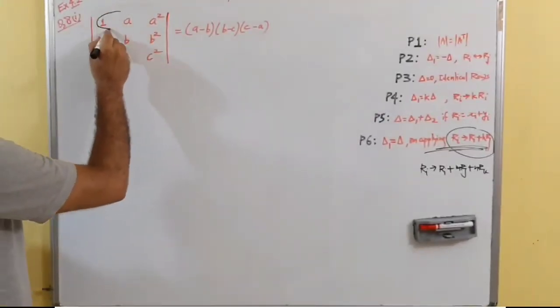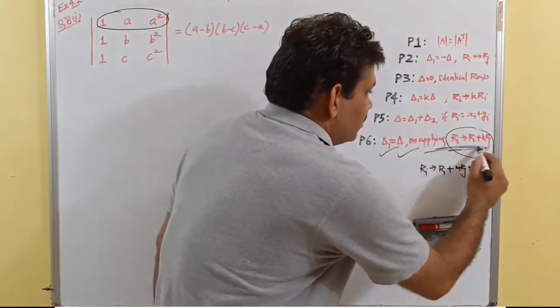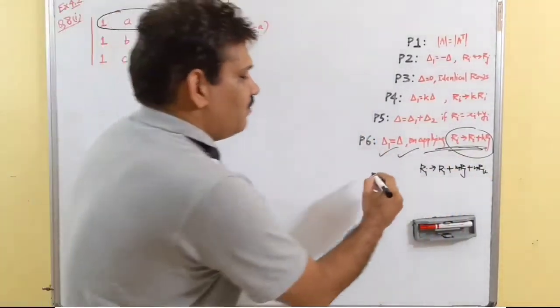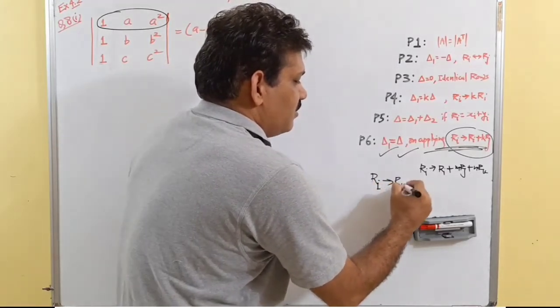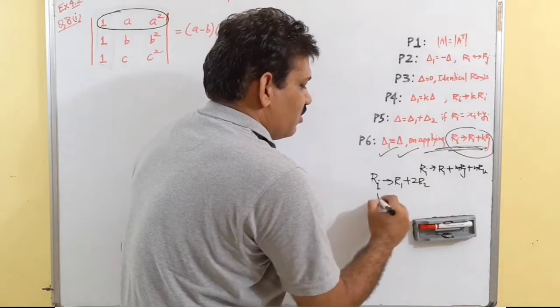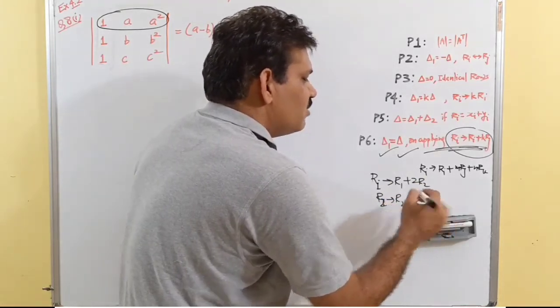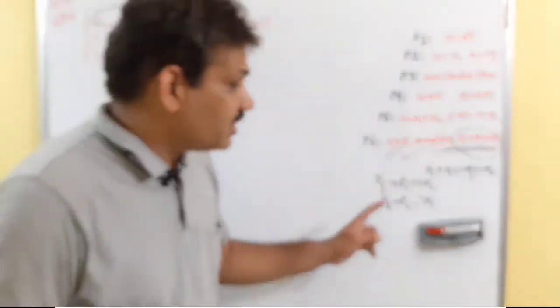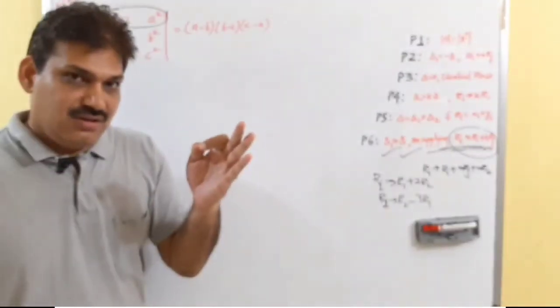While applying the transformations like R1 becomes R1 plus 2R2 or R2 becomes R2 minus 3R1, or whatever the transformation, care must be taken that at least one row or a column is unaltered.